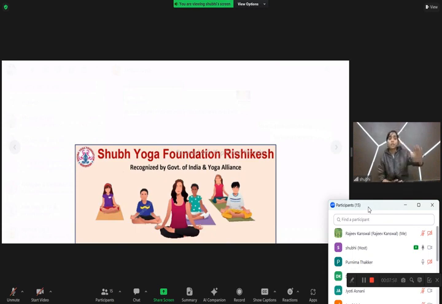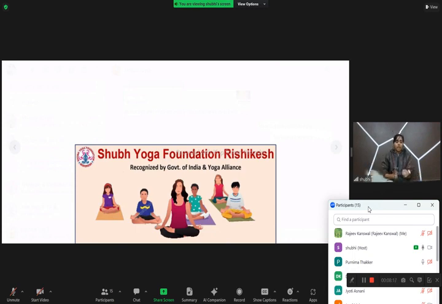So we have to get control over the Vata, and these things can be controlled with the help of yoga and diet. Once we are able to get control over their Vata, we will be able to get control over their hyperactiveness. They are very notorious and very hard to tackle.